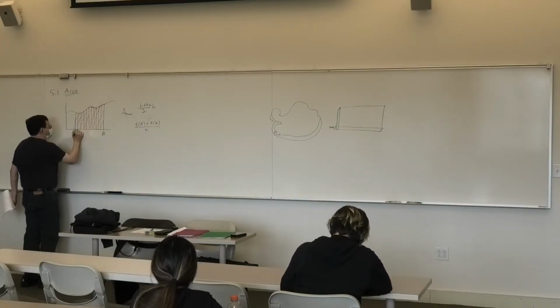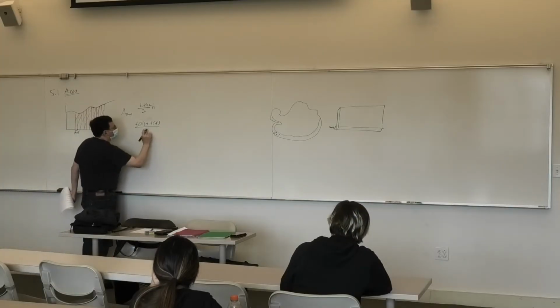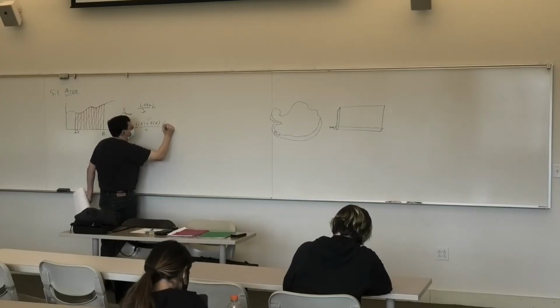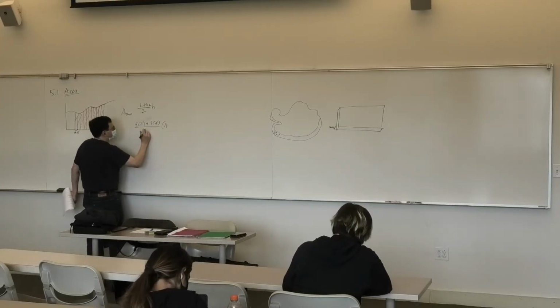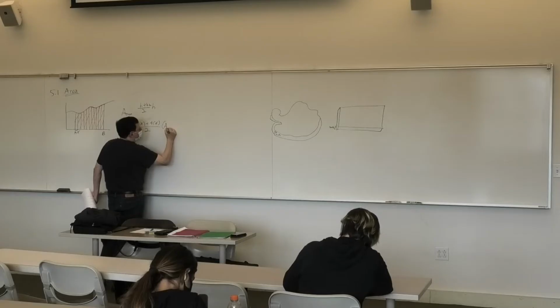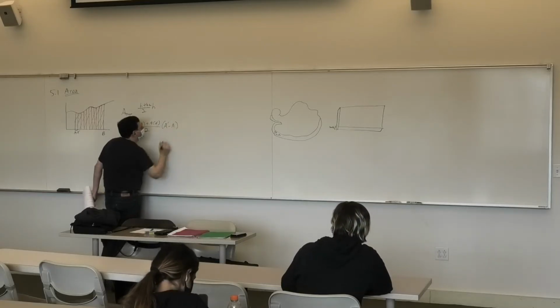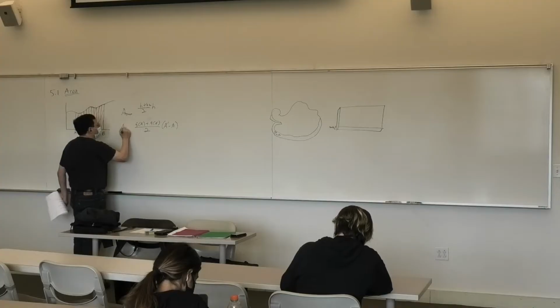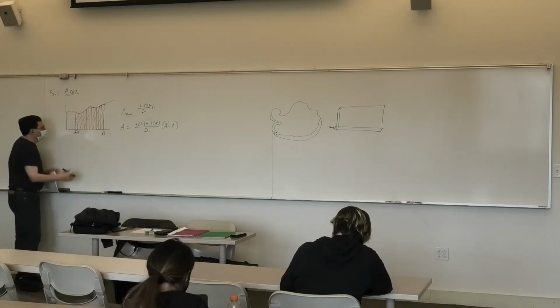The height is just this difference, A prime minus A. That's the area of each one of these slats.